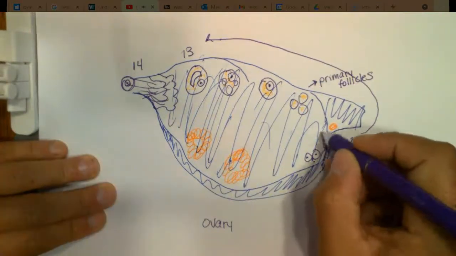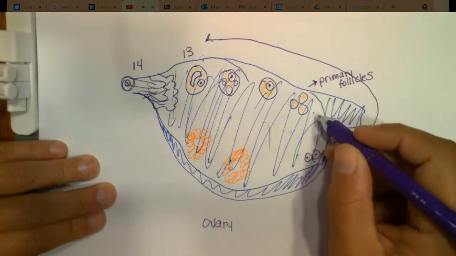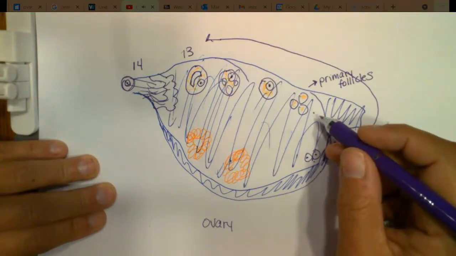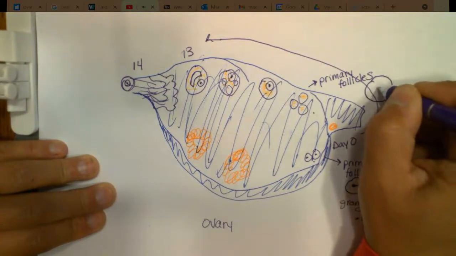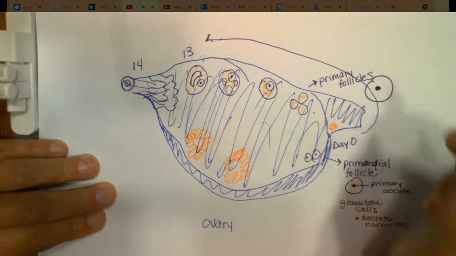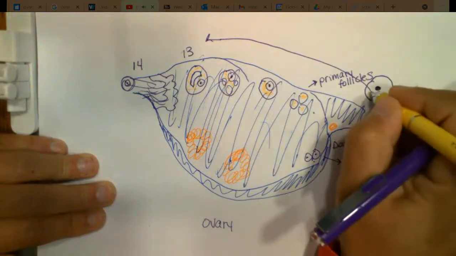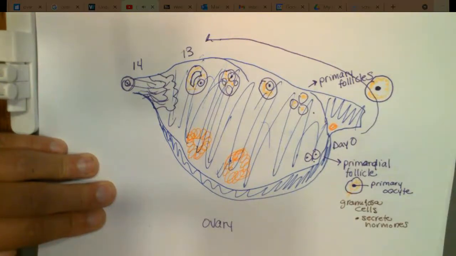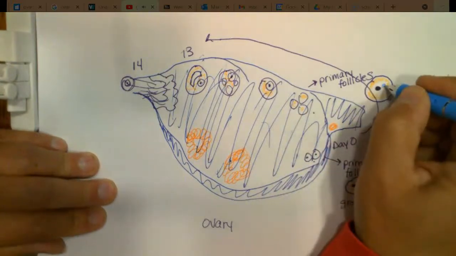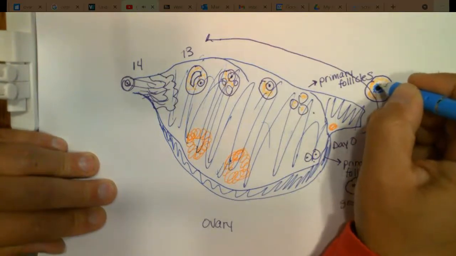The next stage of development is up here, which are called the primary follicles. The primary follicle is a stage where, between the oocyte and the granulosa cells, which we'll put on the outside again, a new layer forms. This is called the zona pellucida.